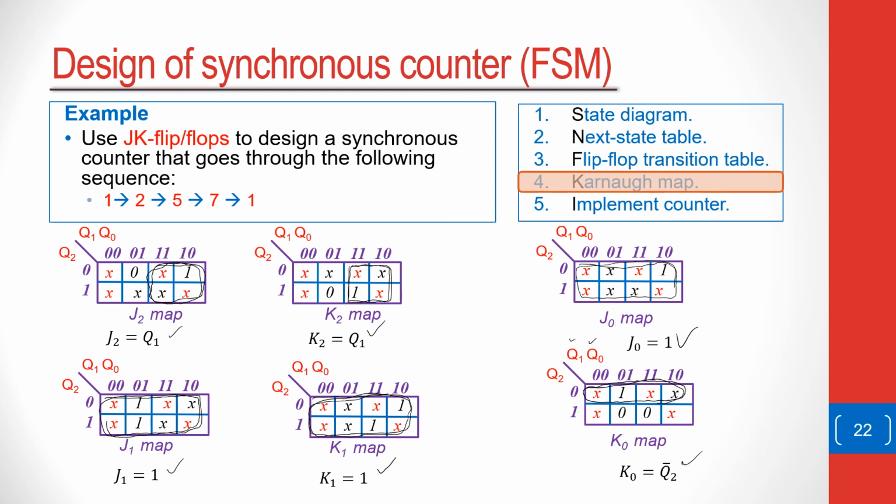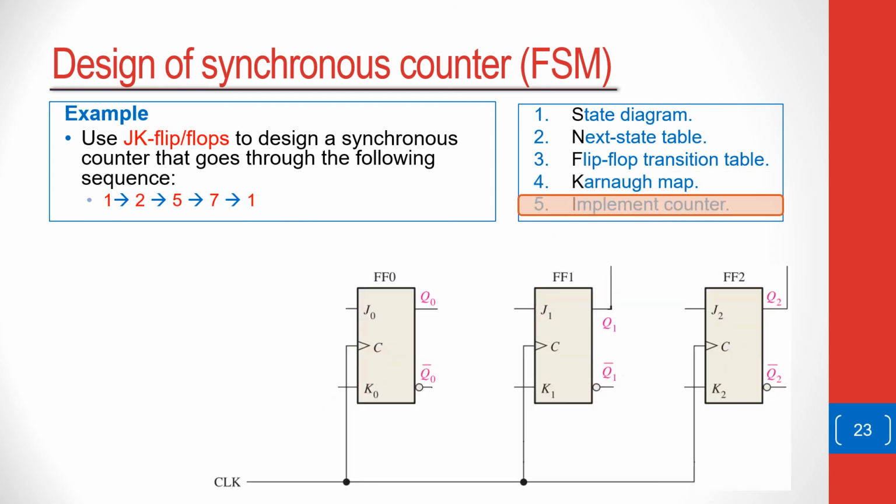Now that we've got all of these inputs, we are ready to implement the logic of the counter. So at this stage, we have implemented the K-map and made reduced equations for the inputs J2, J1, J0, K2, K1, and K0.